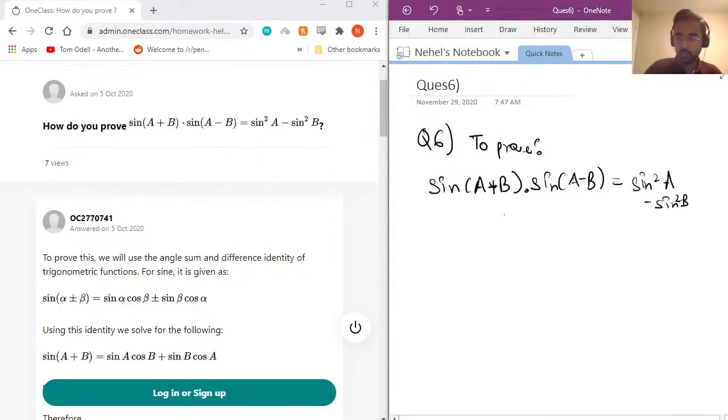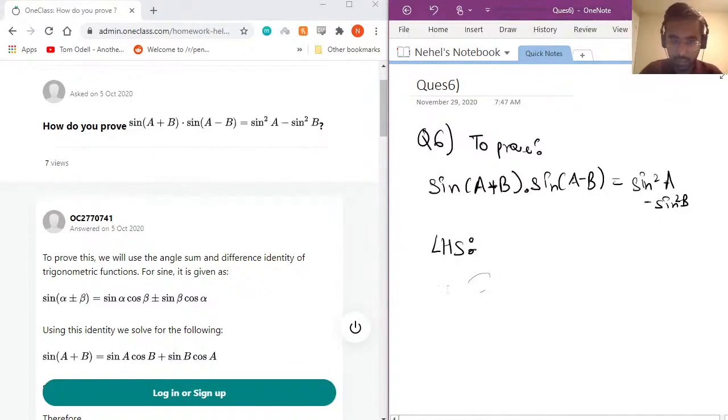Okay, so to prove this we're going to start from the left hand side, and right at the back, if I look at the two terms on the left hand side, we can see that there is an identity we can apply if we're familiar with it.